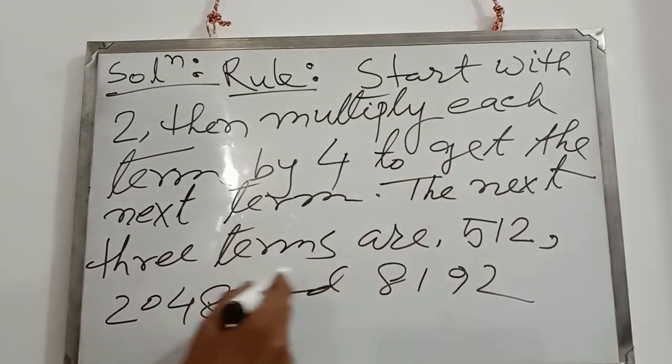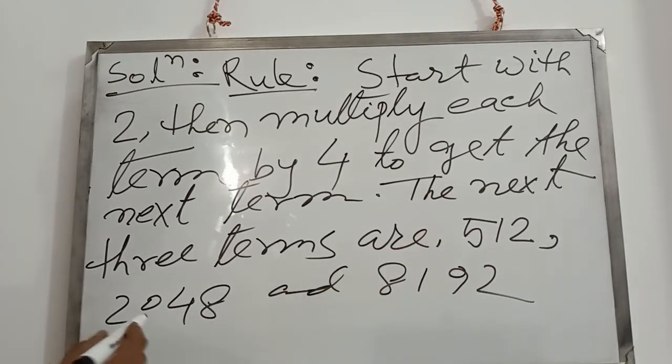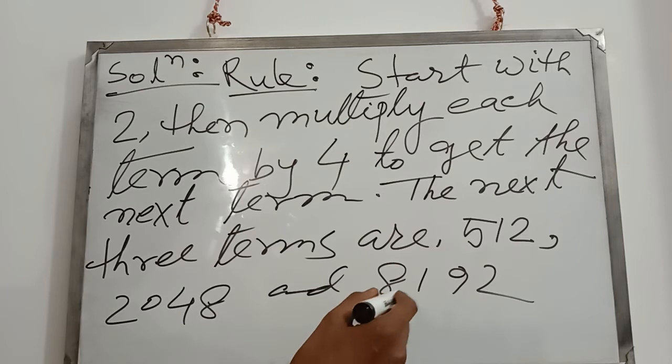The next three terms are 512, 2048 and 8192.